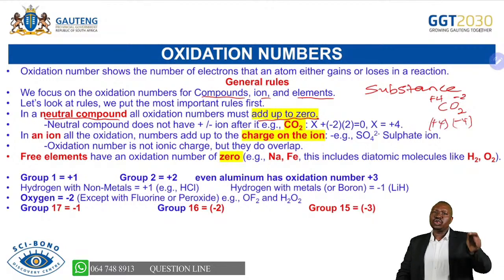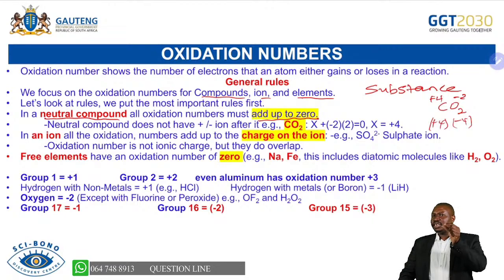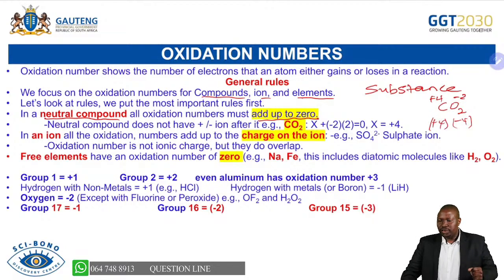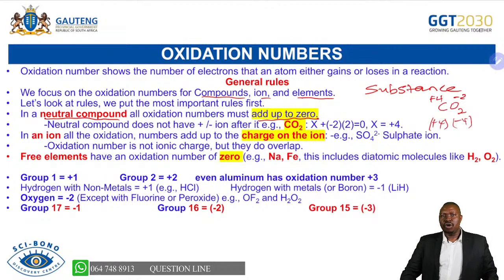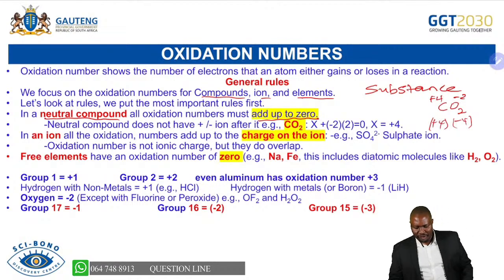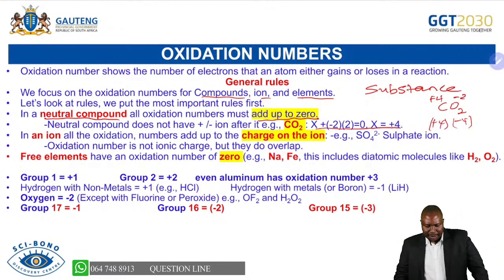We say almost always, oxygen will have -2, because there are small exceptions to that rule. So when you see oxygen, you know it's almost always -2, hence the carbon becomes +4, so that when you add +4 and -4, they give you 0. So you're able to understand how to assign those oxidation numbers.